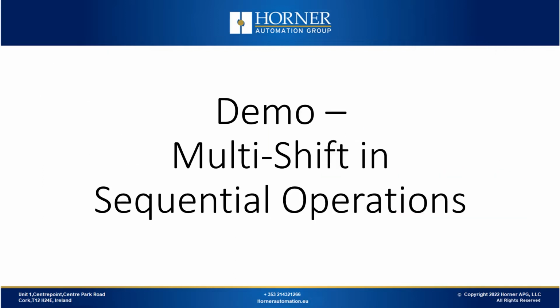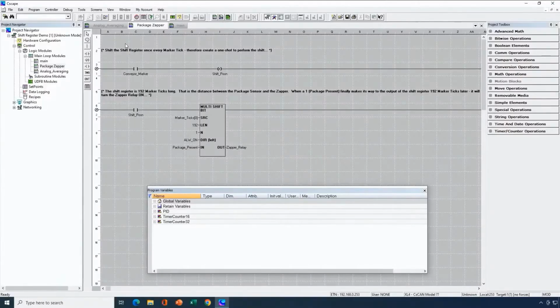Now let's demonstrate this application in Cscape. I have configured Cscape for this application I just described. Here is our shift register. Whenever that input is on, the shift register will perform a shift. Again, in our case, we only want to shift once every time we get a marker tick, with every revolution of the encoder, which tells us we've traveled an inch, so we don't want the conveyor marker signal from that encoder to go directly into the shift register.